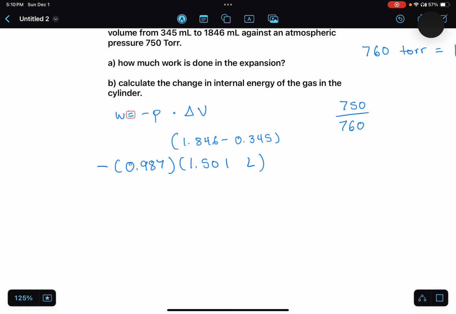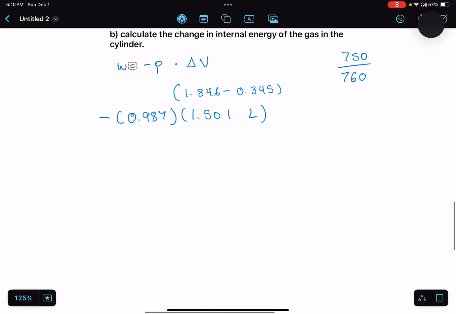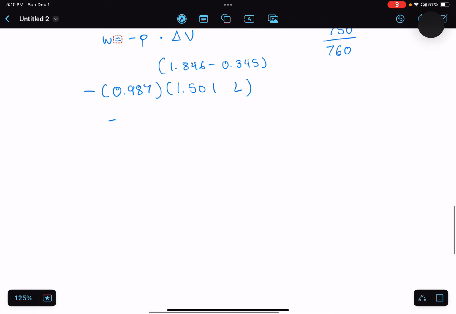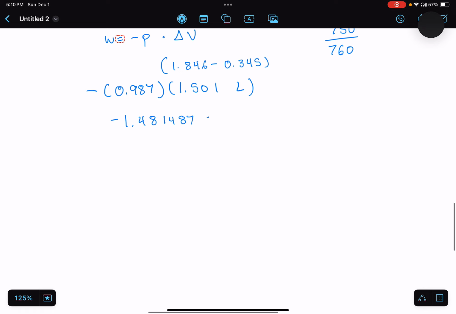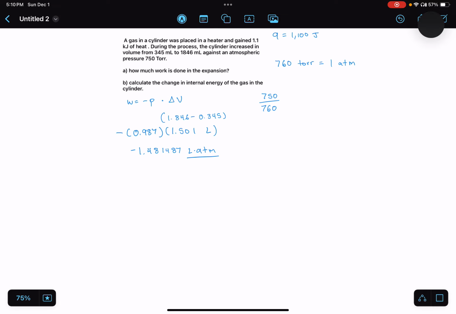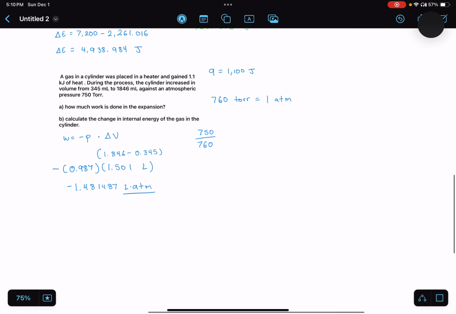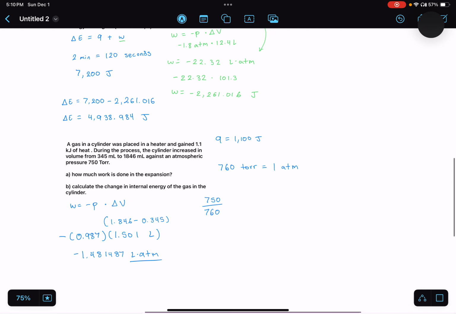Negative 0.987 times 1.501 gives us negative 1.48, about 1.481 liters times atmospheres. This should look wrong to you, because if we're calculating energy change, we need joules.